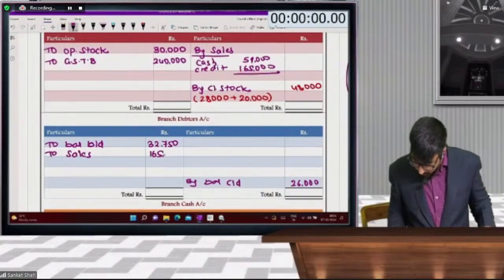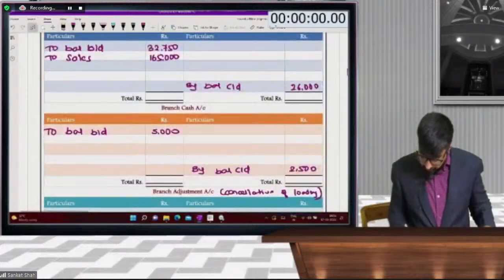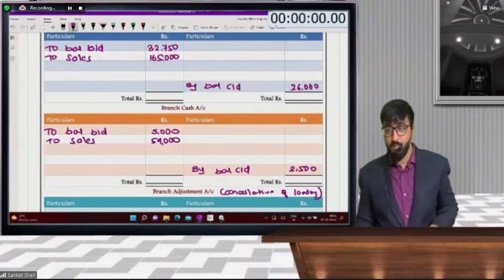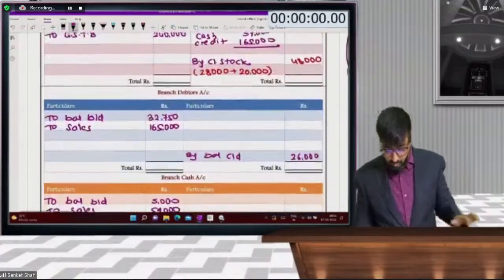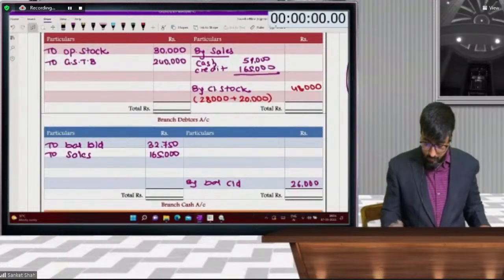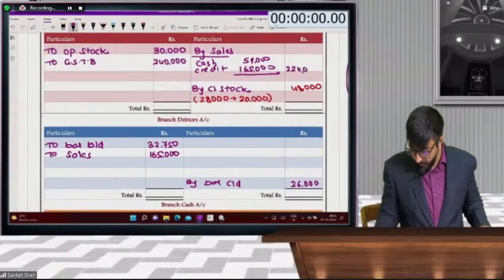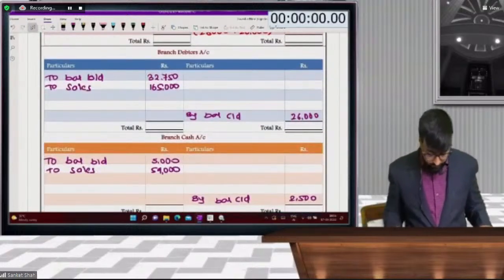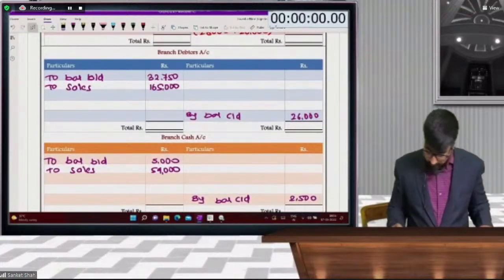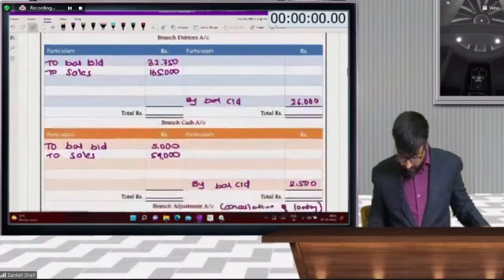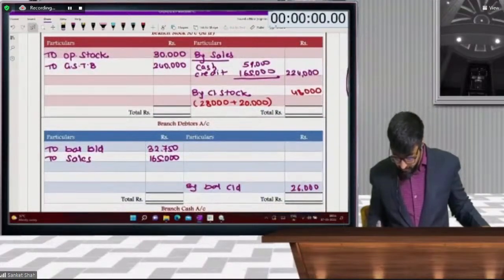So two sales, 1,65,000. Cash chat EBITDA, two sales, 59,000. $2,24,000. Cash to sales. Yes, and debtors to sales. Over.